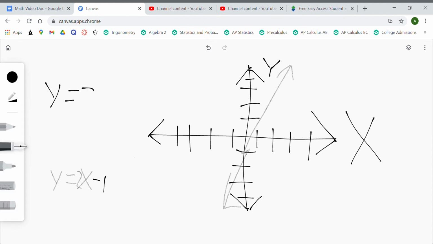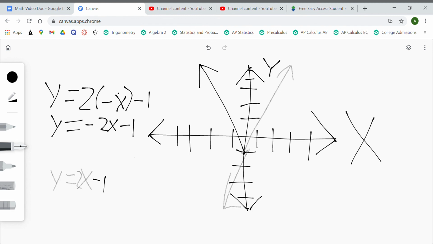Y equals 2 times negative x minus 1. So this simply turns into negative 2x minus 1. So really guys, all we're doing here is making the slope the opposite of its original function. So the opposite of 2 is negative 2, opposite of negative 3 is 3. That's really what we're doing.